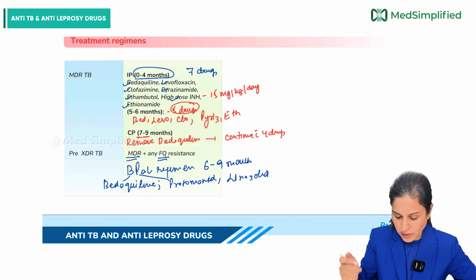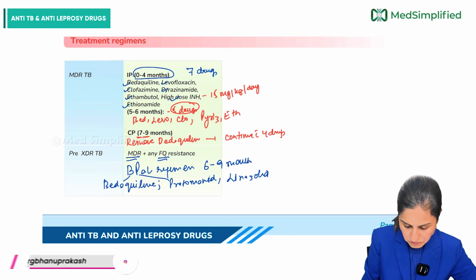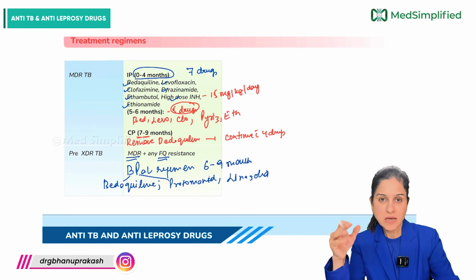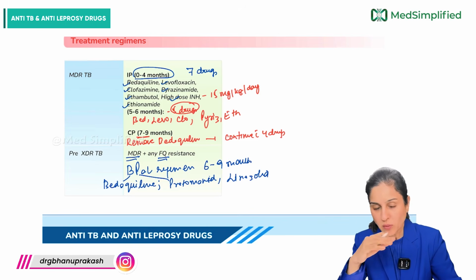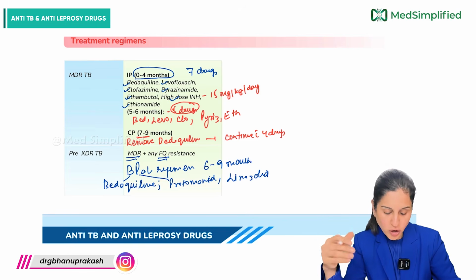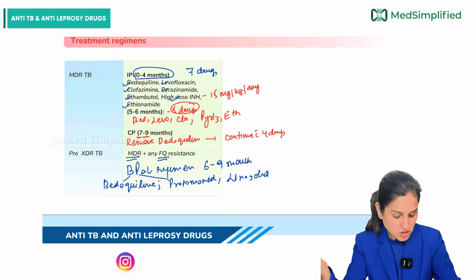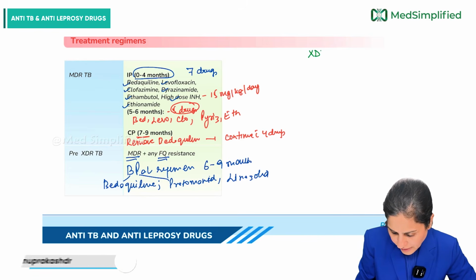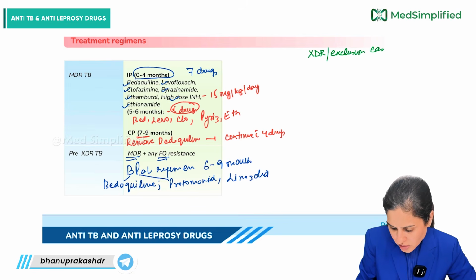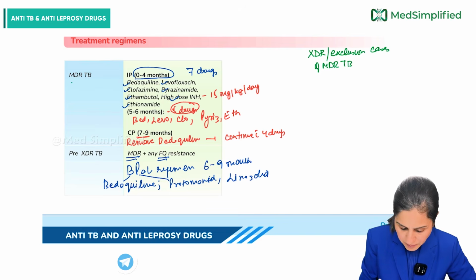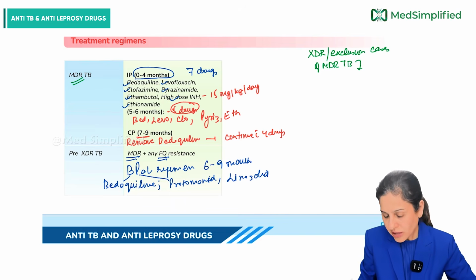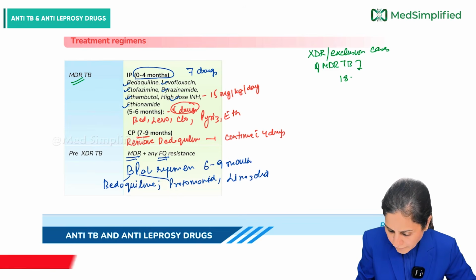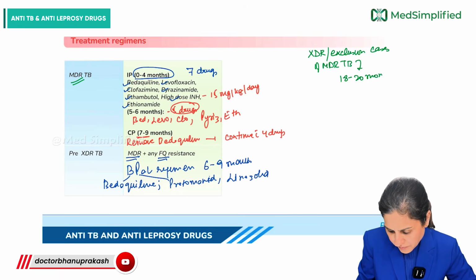Now there is also another regime. Those MDR patients who could not be given the short regime, so exclusion cases of MDR, or those with XDR, now need to be given drugs for about 18 to 20 months.